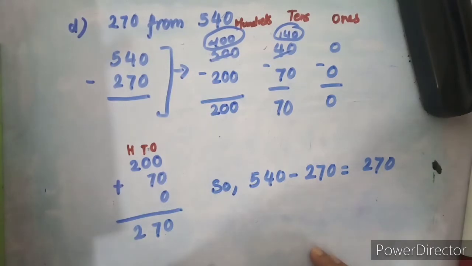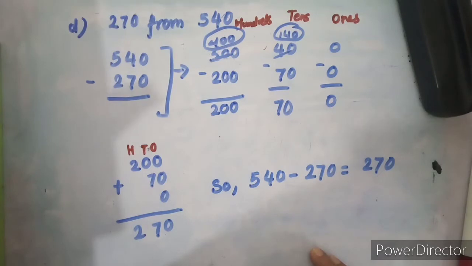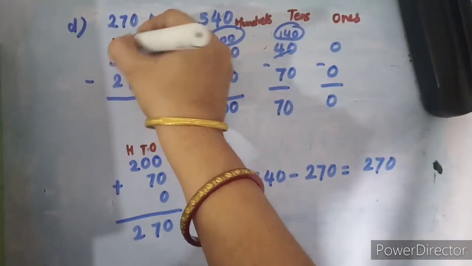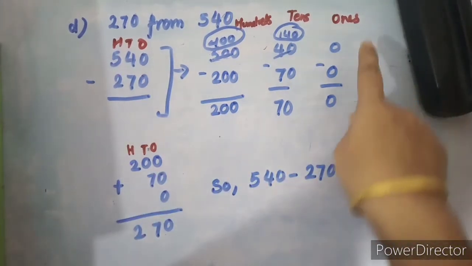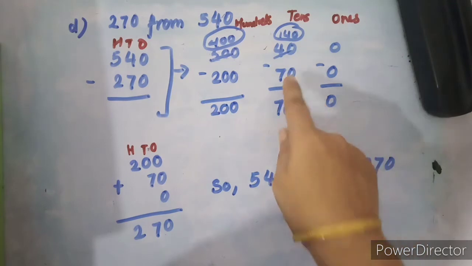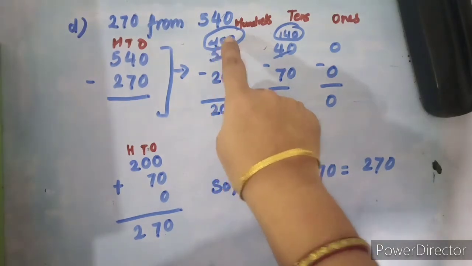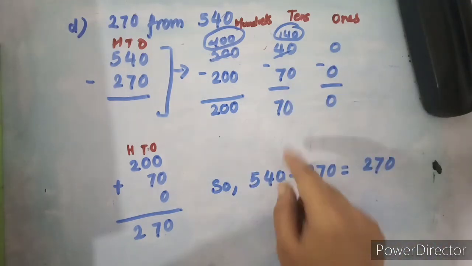Now for the fourth problem, see, I have written again 270 from 540. So I have written it here first. Then I have done the expanded form of these numbers, and then I have subtracted. 0 minus 0 is 0, then 40 minus 70, again 70 cannot be subtracted from 40, that is why we have borrowed 100 from your 100 position, and then this becomes your 140, and 140 minus 70 is 70.